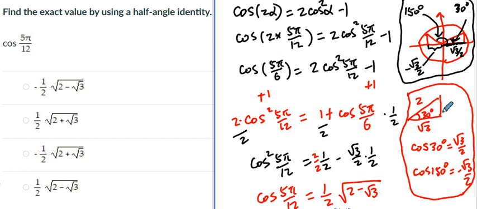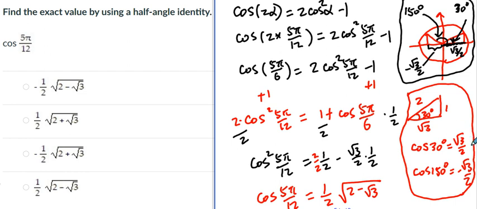If the opposite side is 1, the hypotenuse will be 2, and the adjacent will be radical 3. Radical 3 squared is 3, plus 1 squared, which is 1. 1 plus 3 is 4, that's 2 squared.